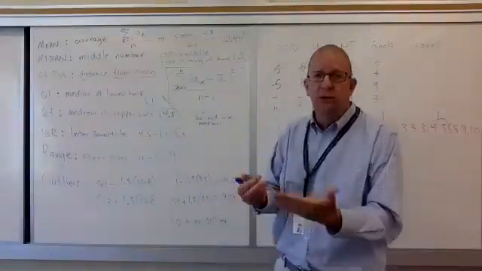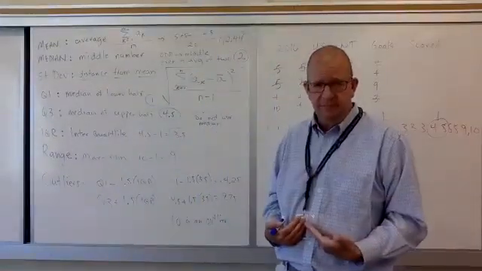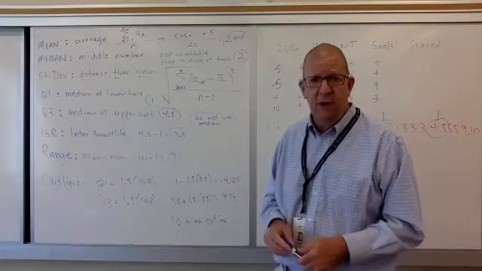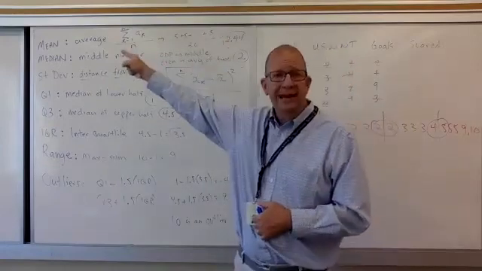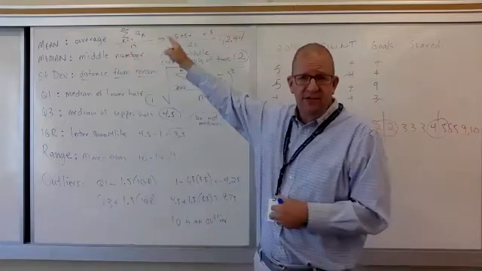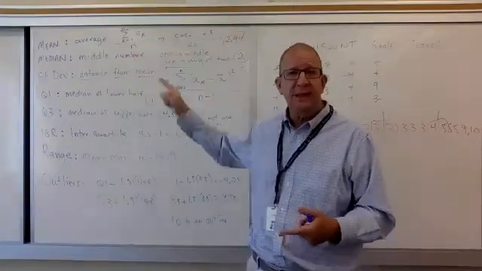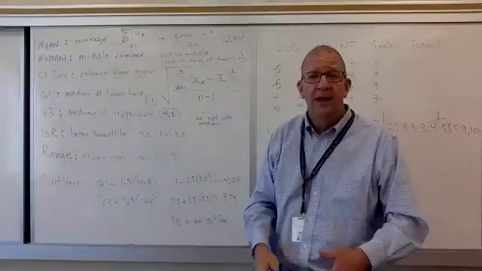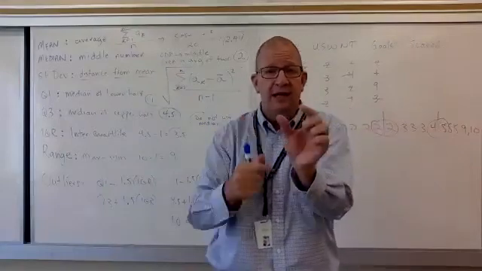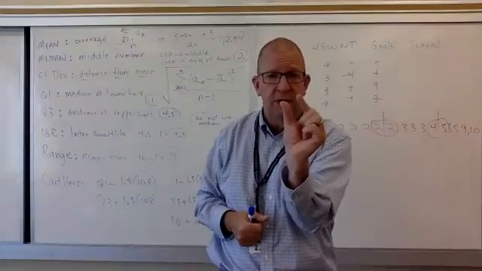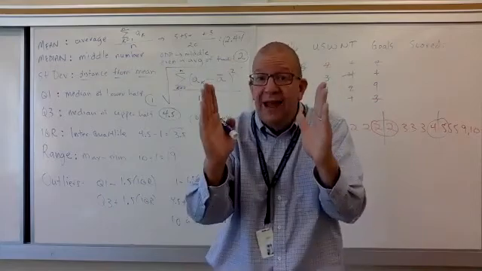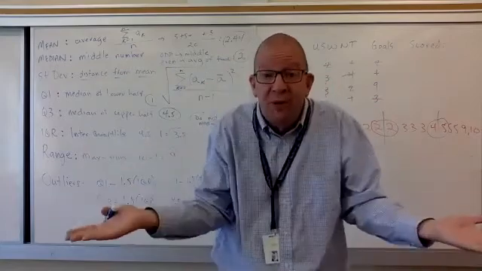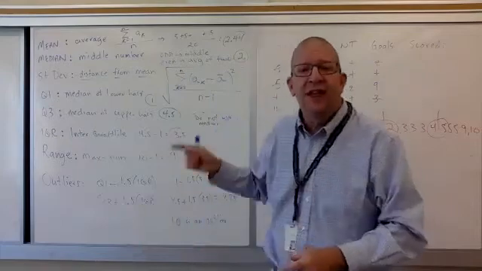All right, so let's go through them one more time. And again, I encourage you to watch the video again and make sure you understand them all. Mean, that's the average. It's the sum divided by the number. Median, that's the middle number. If you have an even number of data, you take the two numbers in the middle, divide them by 2. If you have an odd number of data, you actually have a middle number. So there's your median. Standard deviation.